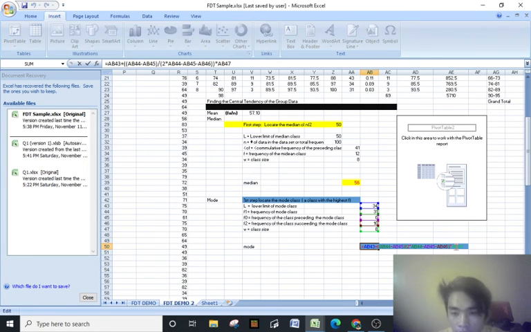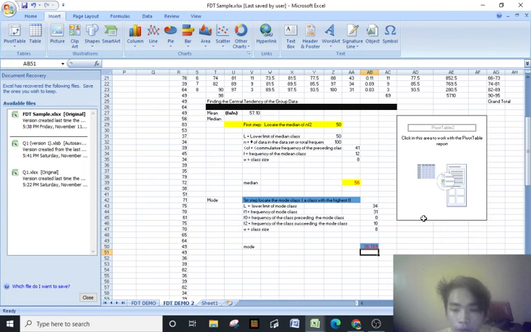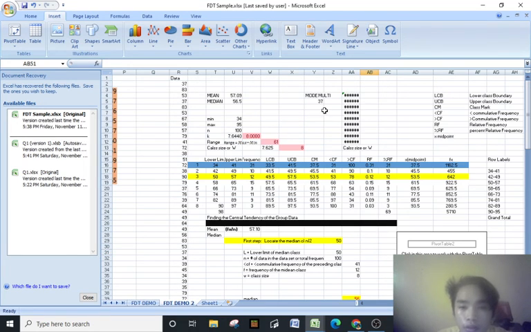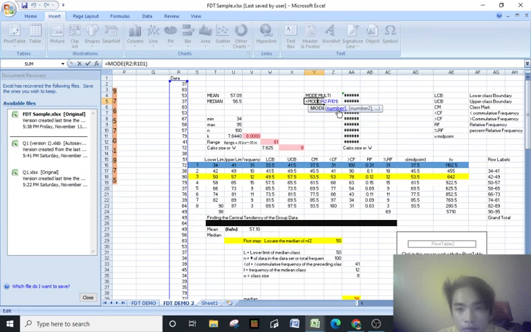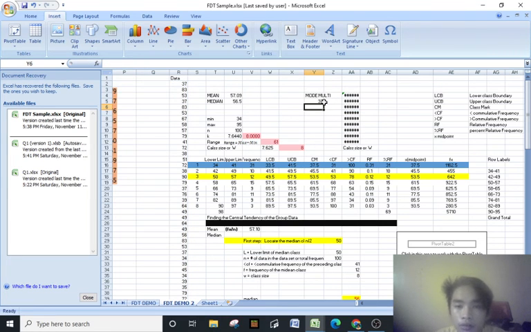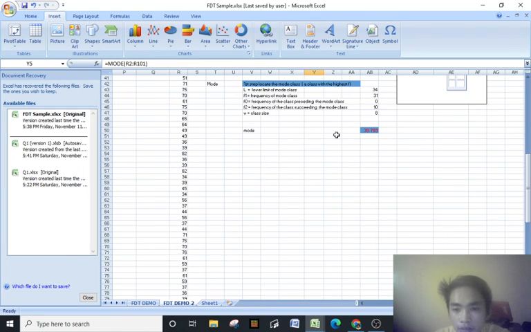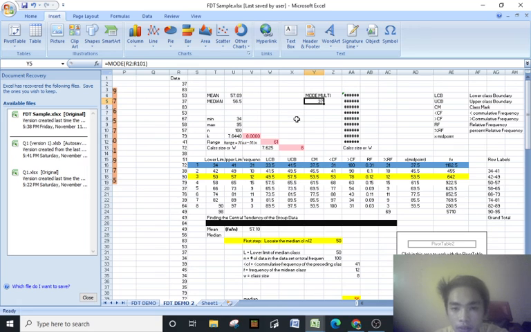Click enter and it generates 38.769. So our mode is 37. I can only show you the general mode because Microsoft Excel does not have that mode. It is close, 37 and 38.